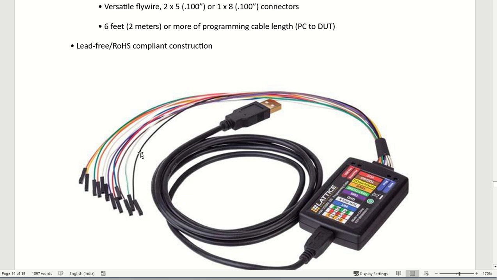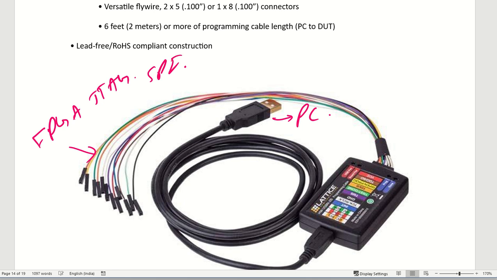This is the USB cable that is going to be attached to our PC, and these connections are going to get connected to your FPGA programming connectors, like JTAG or SPI or I2C.